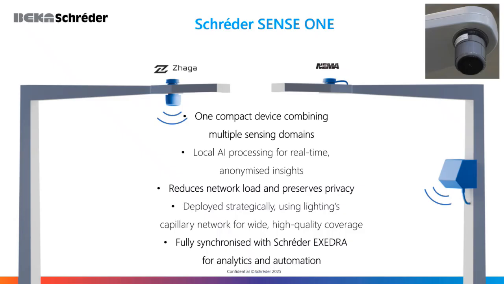With its internal AI processing, it reduces network overload, so less data is transmitted over the network. The data analytics and synchronization of its automation is sent directly to the Exedra platform. The sensor can be mounted on a luminaire, on a Zhaga receptacle, or there's one for structures like poles, gantries, walls of buildings, etc.